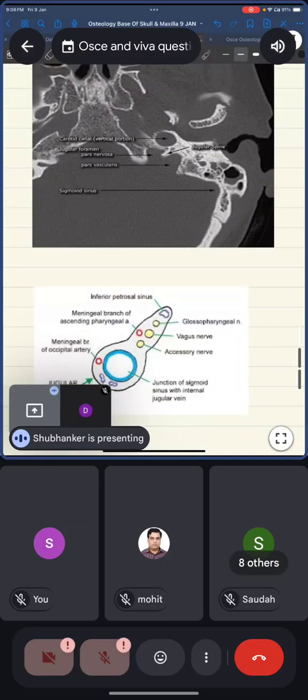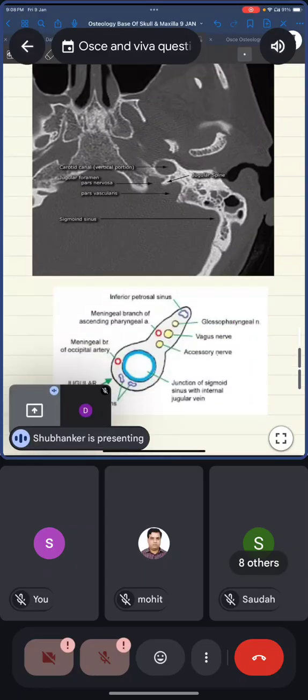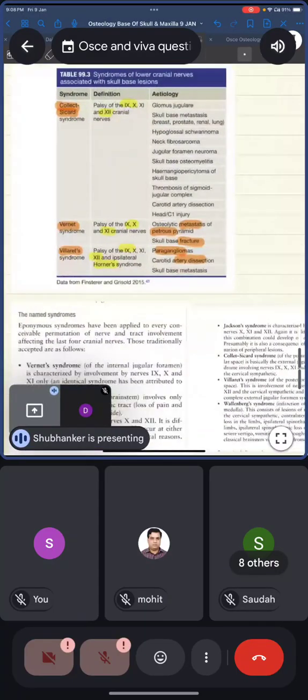This is the traditional anatomy section which we have been seeing for long. If you remember it, it's well and good, because if it comes in the exam and they ask you to identify, इनको पहचानना है ना? What are these nerves? So it becomes a problematic thing if we just try to recall in our exam days. That's why I have placed it along with the CT section, that this is important. Please revise it.